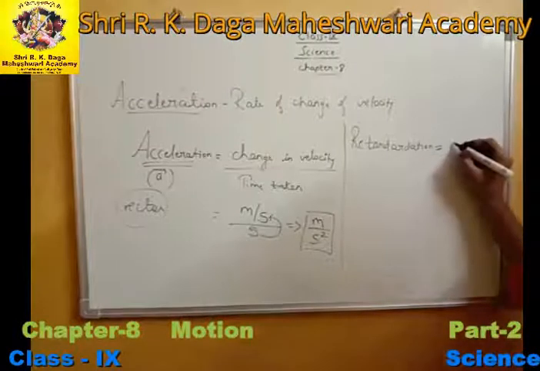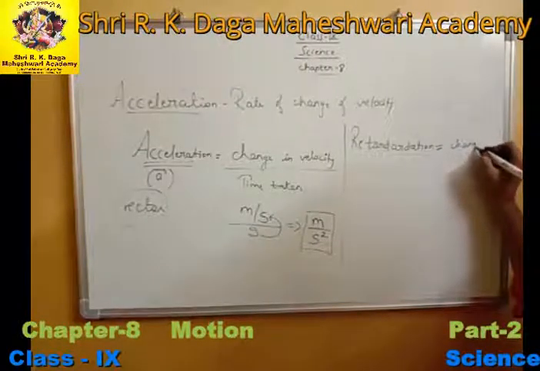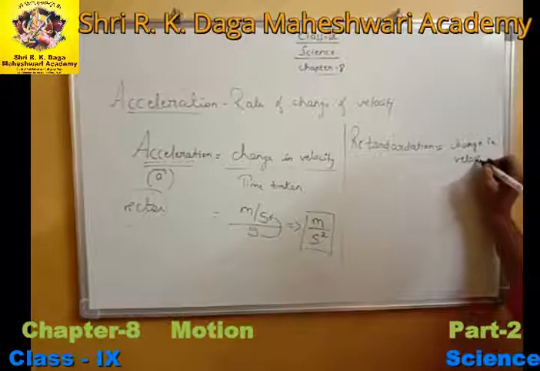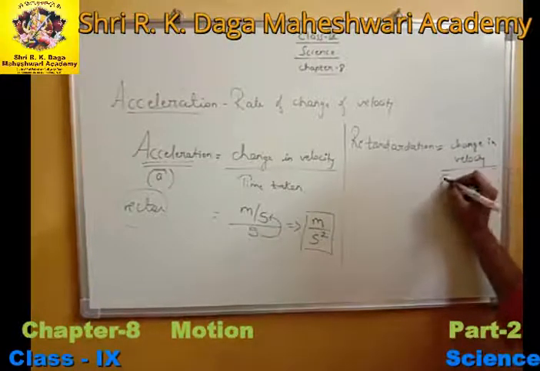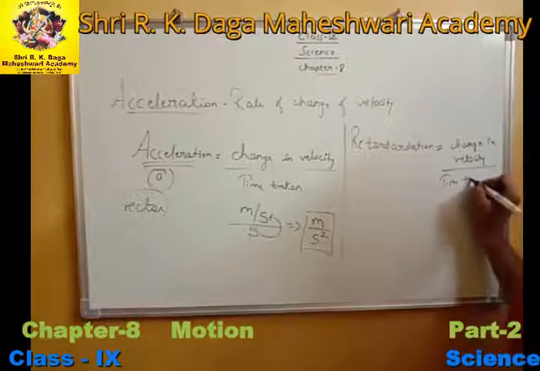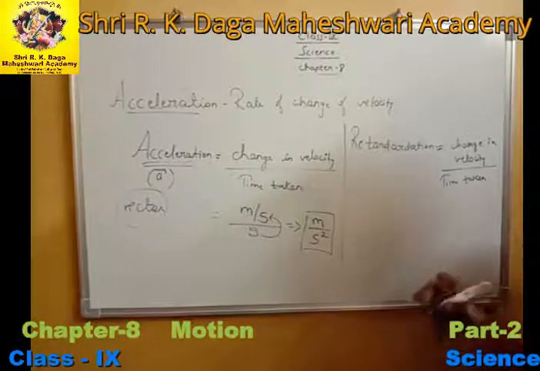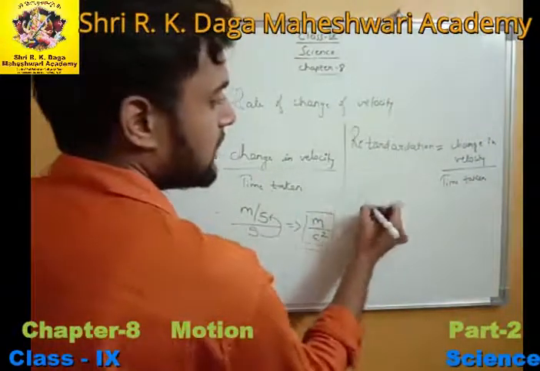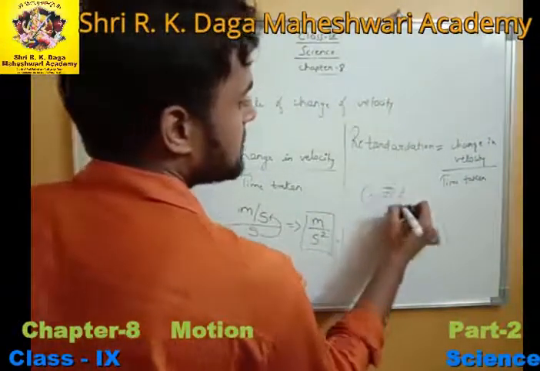Okay, the formula for the retardation will remain the same, and since the velocity is getting decreased with respect to time, retardation is denoted by minus a.